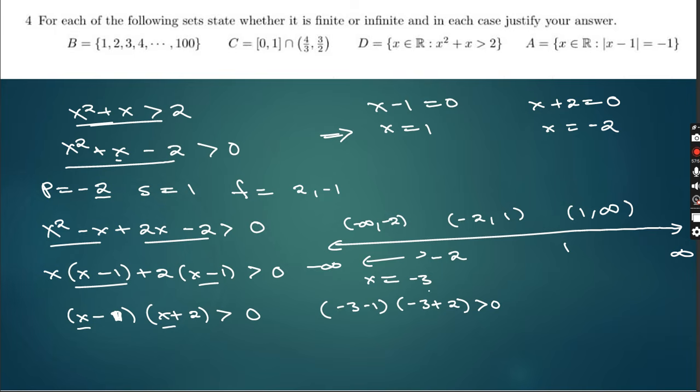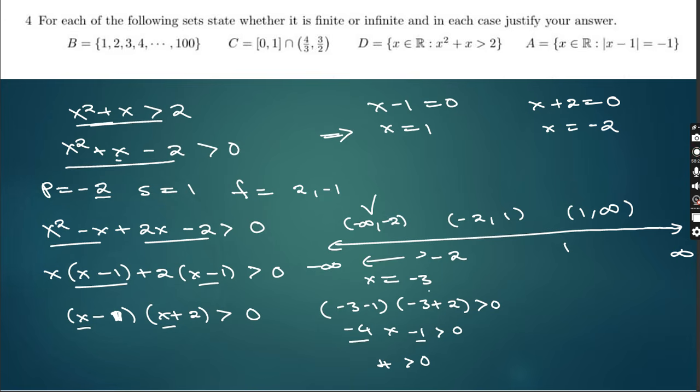So -3 minus 1 is -4, multiplied by -3 plus 2, which is -1, greater than 0. So -4 times -1 gives 4, to be greater than 0. Is 4 greater than 0? Yes. So we take this as part of our answer. We have checked the interval, and it is valid.